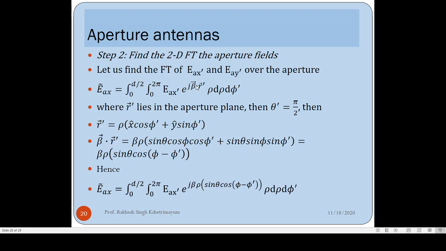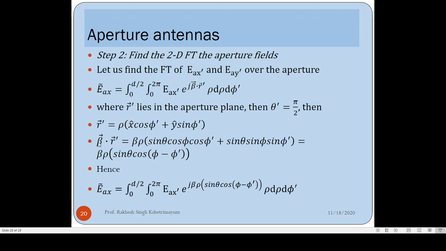So this term here, we are actually doing the dot product of beta with r dash. Beta will have 3 components: sin theta cos phi, sin theta sin phi, plus cos theta.